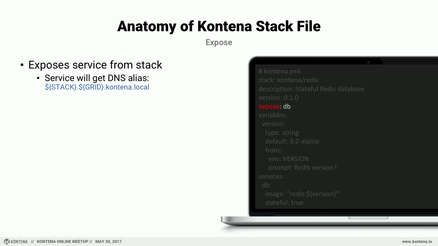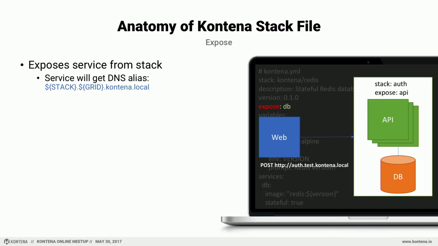Basically, that means that the service will get the stack DNS alias, so you can reference that one service within the stack with the stack name. For example, if you have a stack named auth, and it has 3 instances of an API service and then a database service, you can expose the API service and reference it with auth.grid-name.kontena.local DNS.